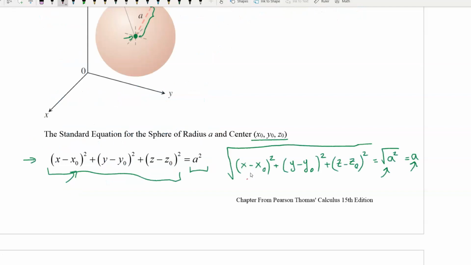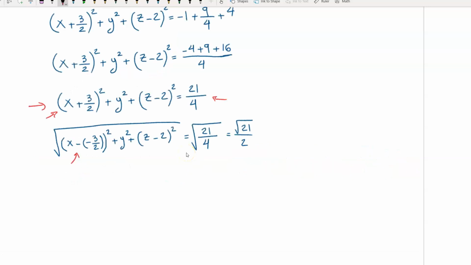And that is based on what we had here. So here we had subtraction. So square root of x minus negative 3 divided by 2 squared plus y squared plus z minus 2 squared, it is equal to square root of 21 over 4. And that is equal to square root of 21 divided by 2.